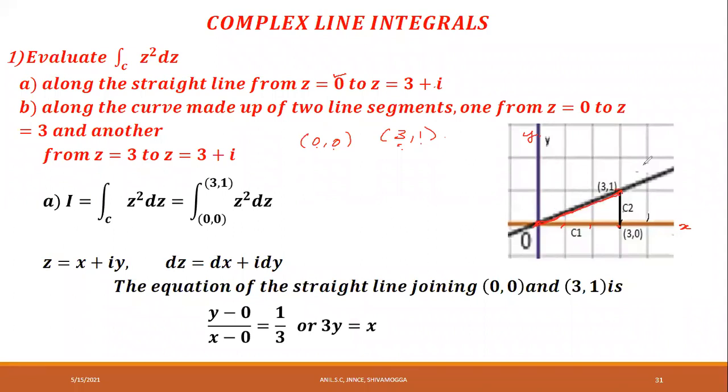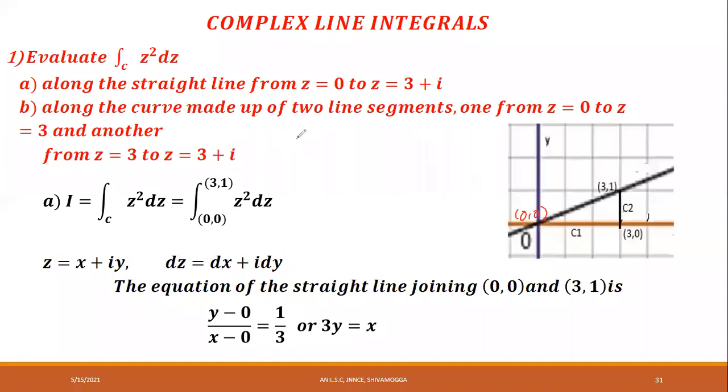First, find the equation of the line joining these two points. Origin is always (0, 0). Z = (0, 0) and (3, 1). How do you find the equation of the straight line joining these two points? By using the two-point form of a straight line.